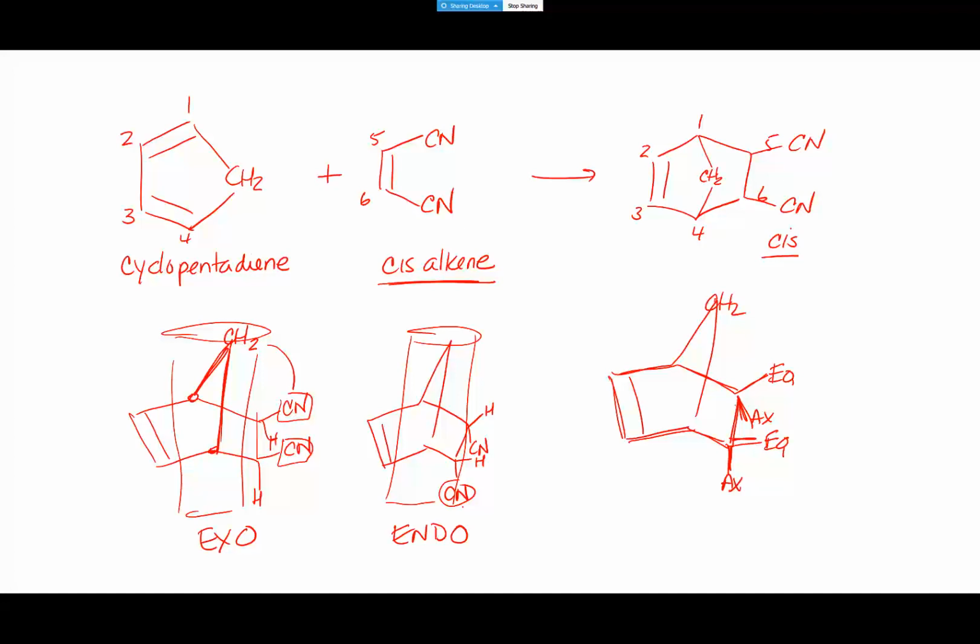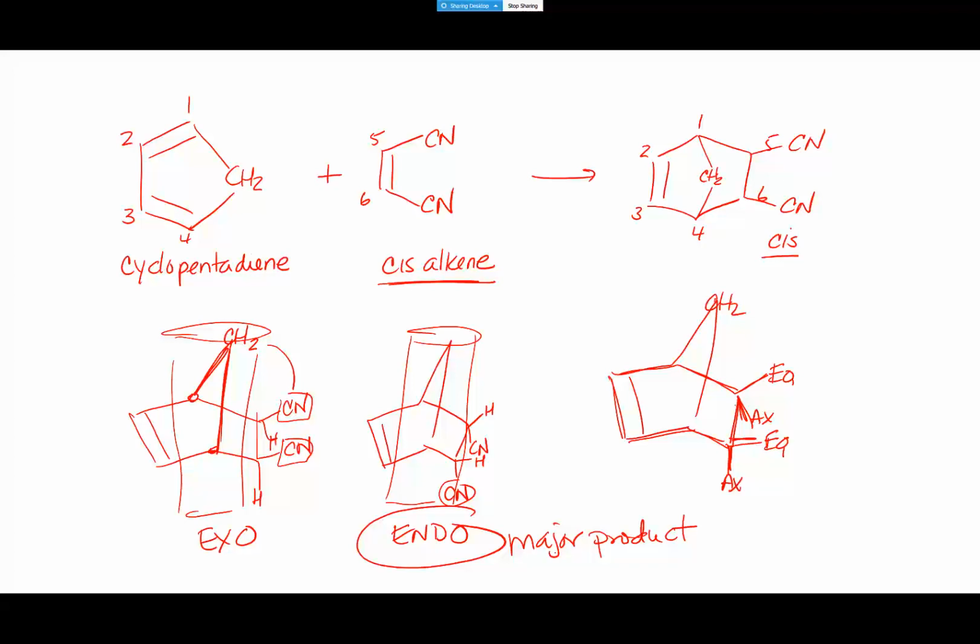Because of quantum mechanical rules, which are beyond the scope of this course and which won somebody a Nobel Prize, only one of these is actually permitted, and one is forbidden. Although actually it's not really forbidden, it's just not favored. The endo product is always the major product that's formed.